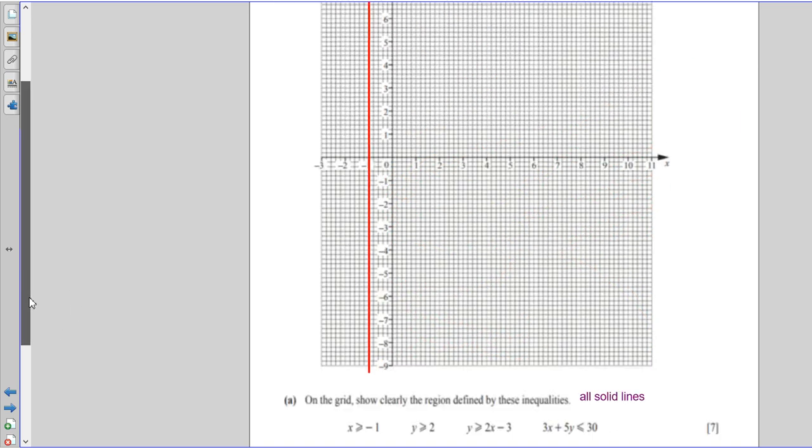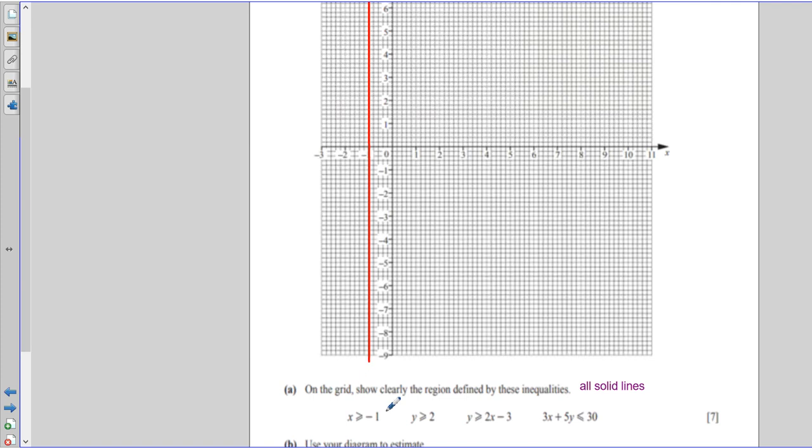And then the next one we're going to do is y is greater than or equal to 2. So we first did x is equal to -1, which was a vertical line. y is equal to 2 will be a horizontal line because vertical lines cut the x-axis and horizontal lines cut the y-axis. So I'm going to do this one with blue, and again it's just a nice solid line.